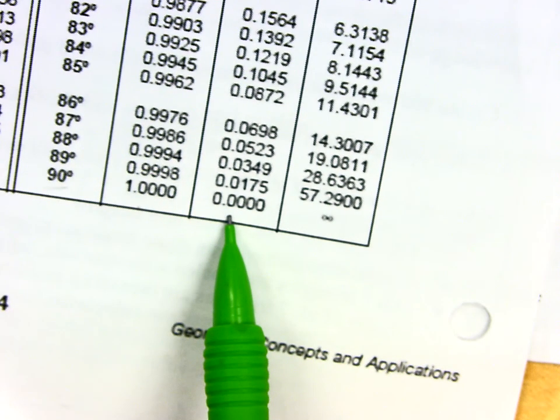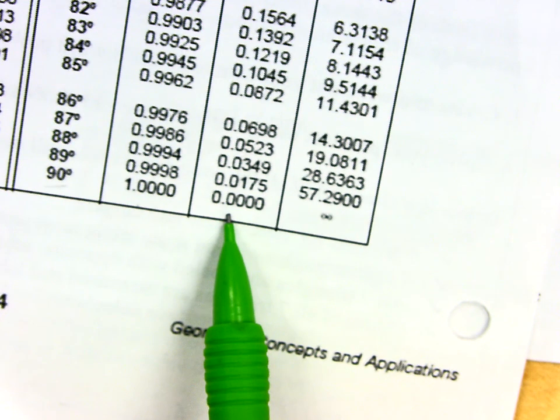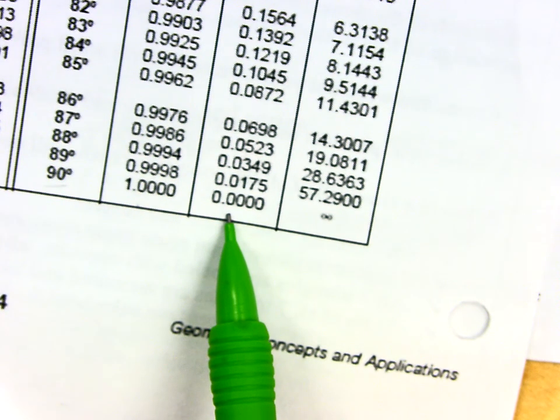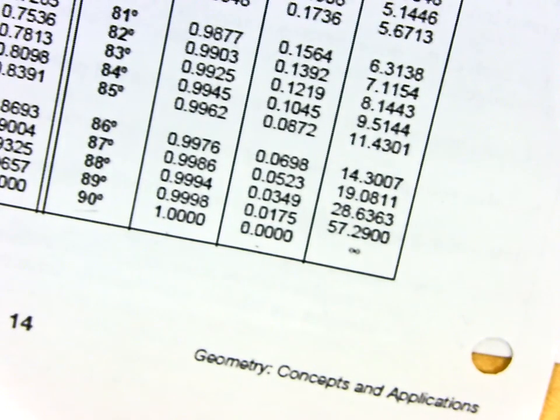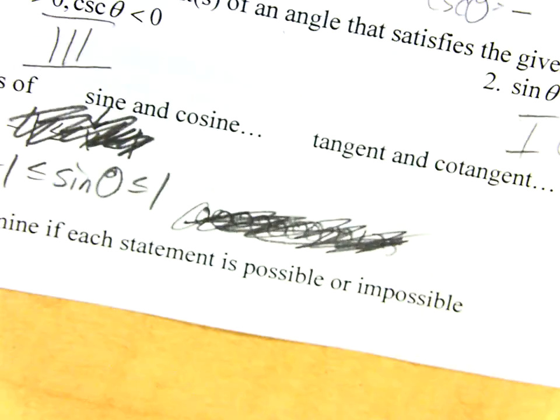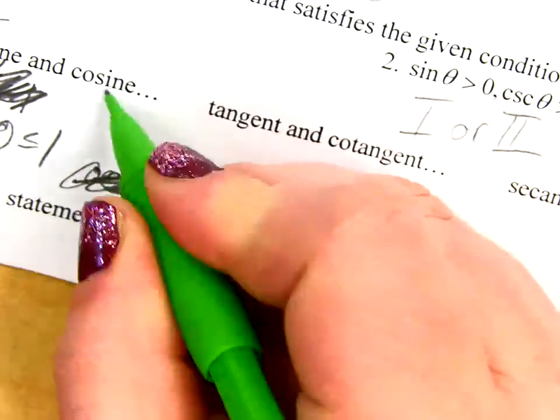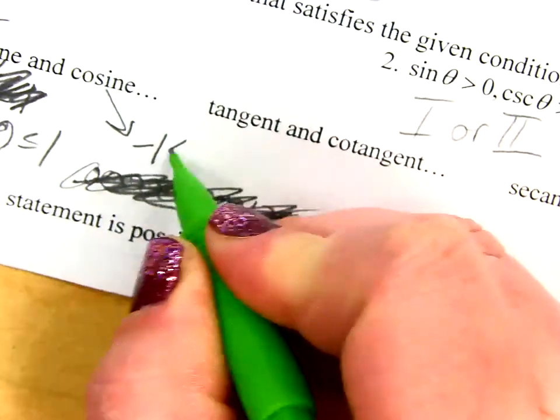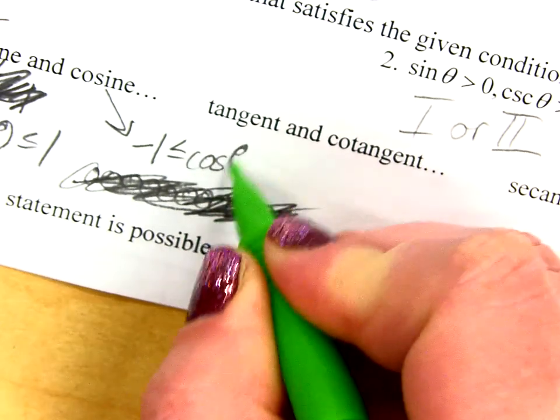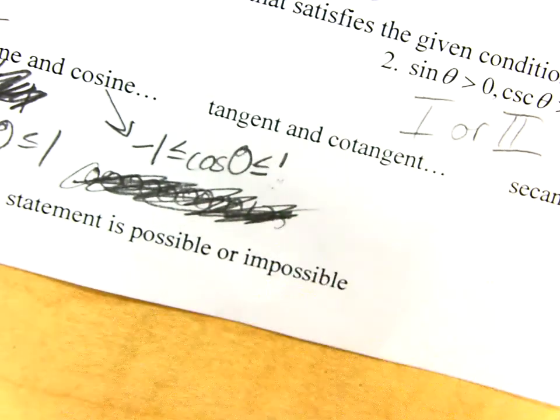This is all still in the first quadrant though. So if I went into my other quadrants, I would be able to hit negatives again, but I'm never going to get out of the range of +1 to -1. So it happens to be the same thing. My cosine values will only stay between -1 and +1.